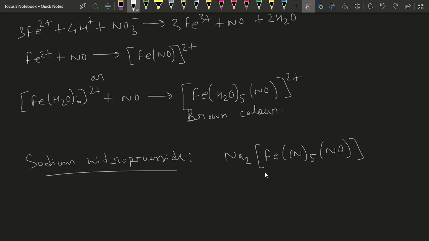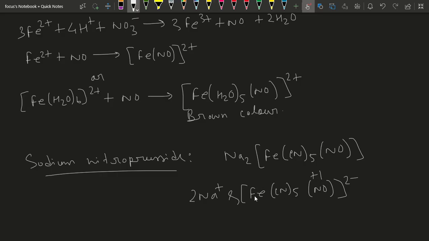So when this coordination complex gets ionized, then it will be ionized as 2Na+ ions and this coordination compound. This compound will break according to their primary valency, but the entities present inside this coordination sphere will not dissociate.